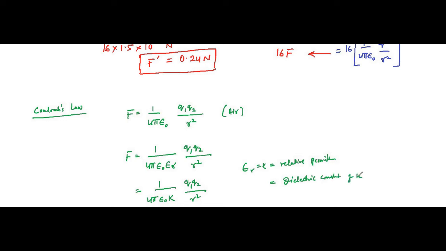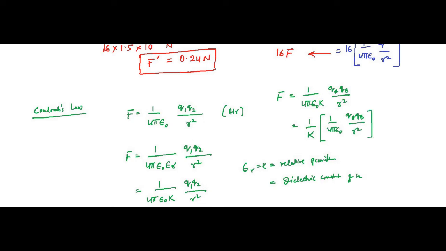So here the force of repulsion between the two charges when they are placed in water will simply be 1 by 4 pi epsilon 0 k into qa qb by r square, which is equal to 1 by k into 1 by 4 pi epsilon 0 qa qb by r square.